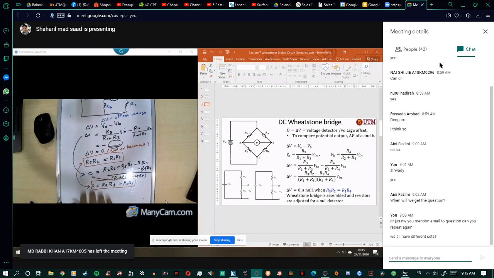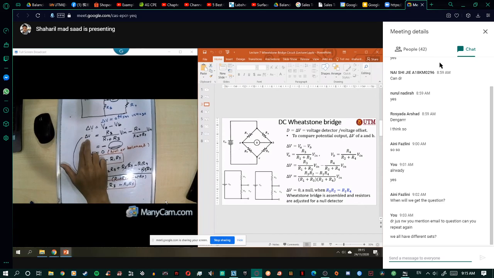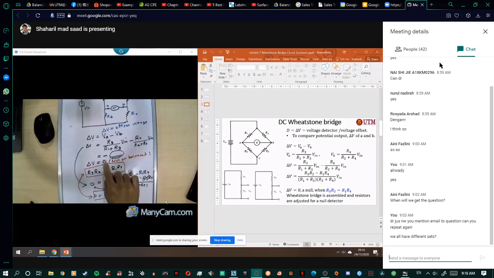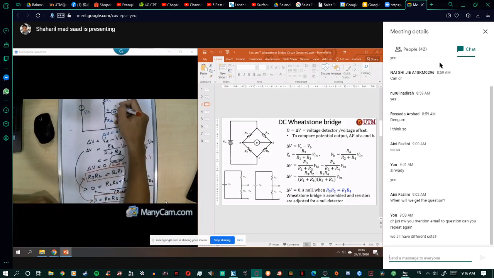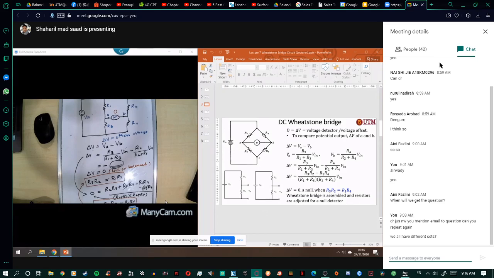So there are two formulas here for delta V. And when delta V is null or balanced, you get another formula: R3 times R2 equals R1 times R4. So what does null and balance mean? That means at this point you get 0 here. How do you make this offset equal to 0?